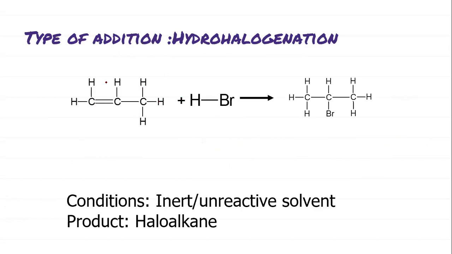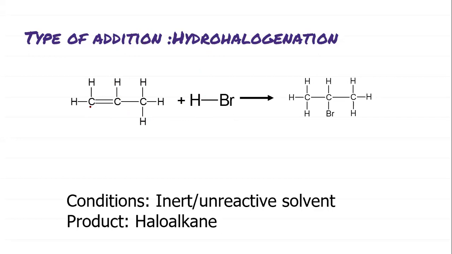an alkene is reacting. And for the mere fact that an alkene is a reactant, and it reacts with HBr, we know the type of reaction that is going to take place here is going to be addition. Now, how do we figure out that the type of reaction that took place here is addition? We first look at our reactant.